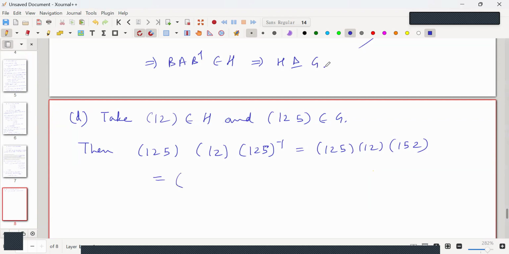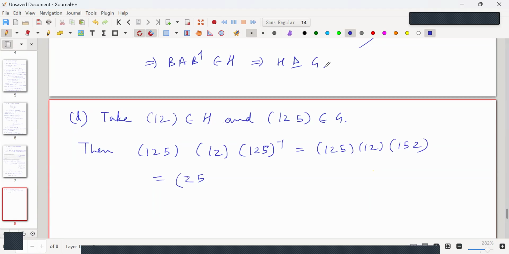So 1 is going to 5, 5 is going to 1. So 1 is fixed, right? 2 is going to 1, 1 is going to 2, then 2 is going to 5. 2 will come to 5. 5 is going to 2, 2 is going to 1, and then 1 is going to 2.